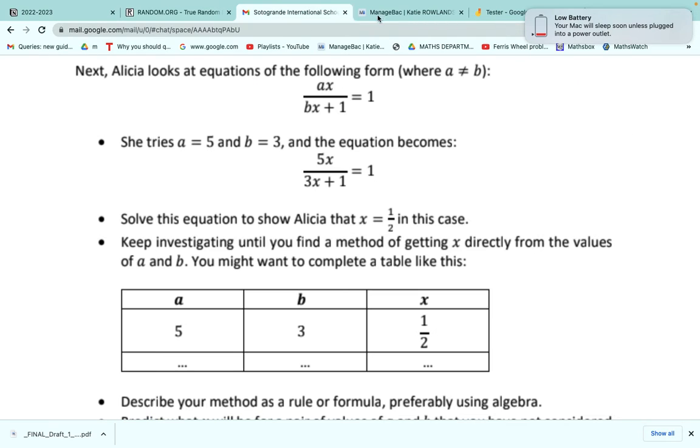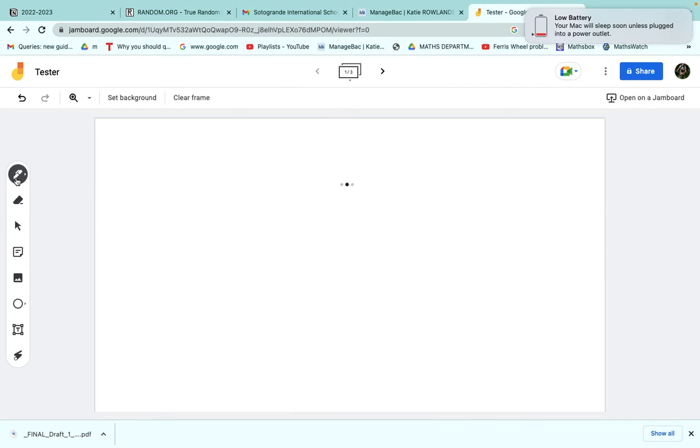Then we're going to get the equation as follows: 5x equals 1 brackets 3x plus 1. And obviously the 5 and the 1 are based on the A and B values we've chosen, so these will change each time, and then we're just going to solve this.